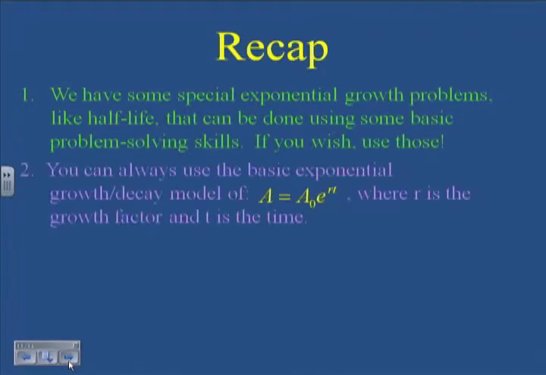Okay, that's a possibility. And you can always use this basic formula. And sometimes we like r and sometimes we like k. In both cases, that r value is going to be your growth rate or your growth factor. And of course, if it's negative, it's declining instead of increasing.